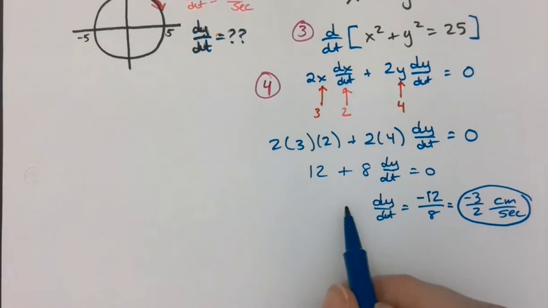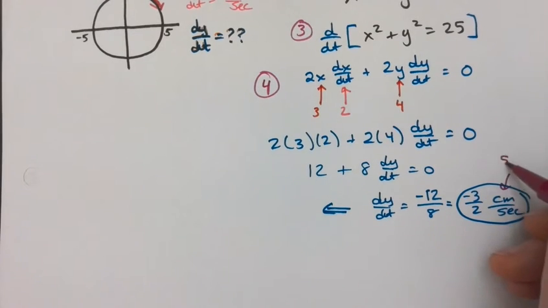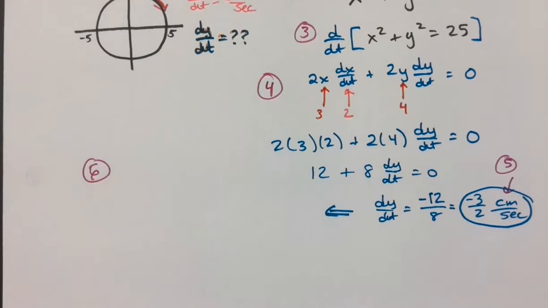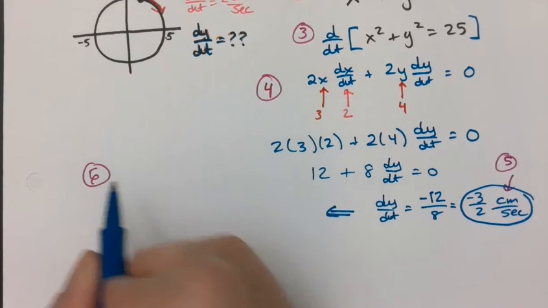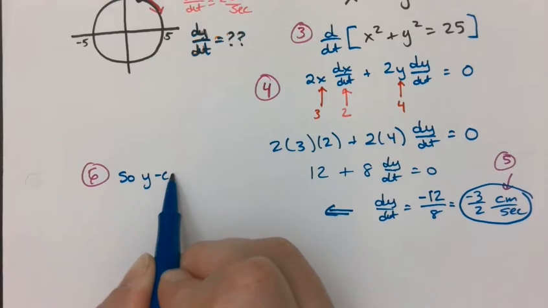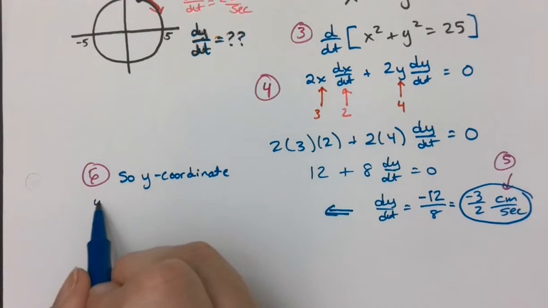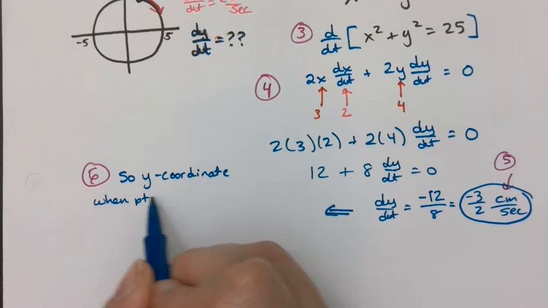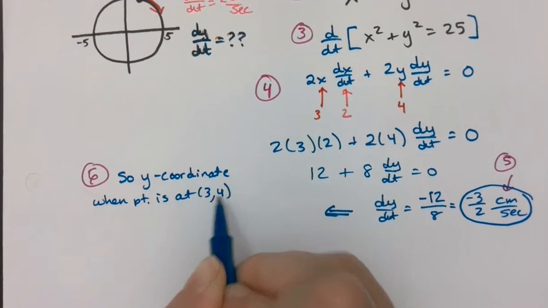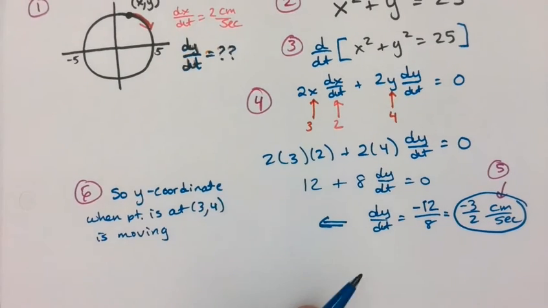I'm actually going to do a little bit more than I normally do. This is step 5, getting the unit, and we're going to do a little bit of step 6, just making sure this all makes sense and answering the question. So the y coordinate, when the point is at (3, 4), is moving downward, just like I thought with that down arrow that I drew up here.